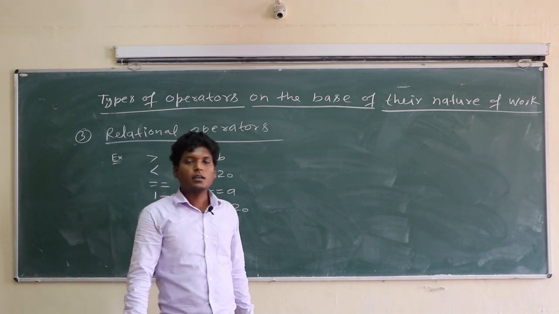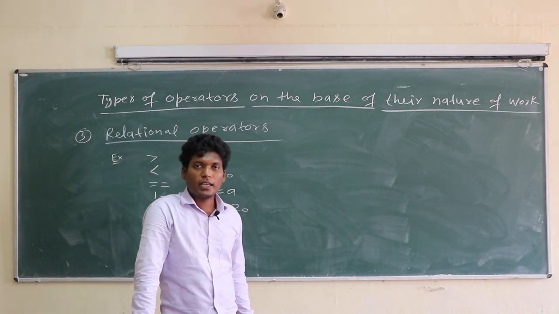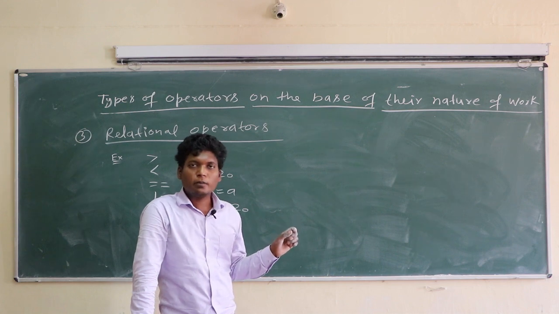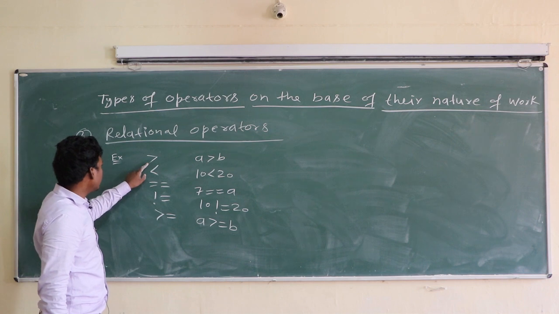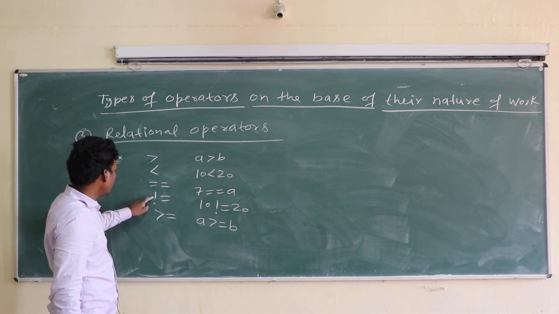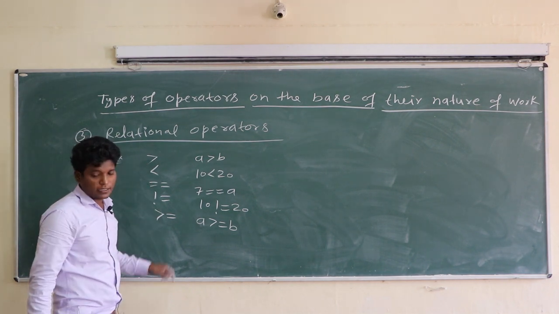Relational operators tell what the relation is between two operands: greater than, less than, equal to, not equal to, or greater than or equal to, like this.